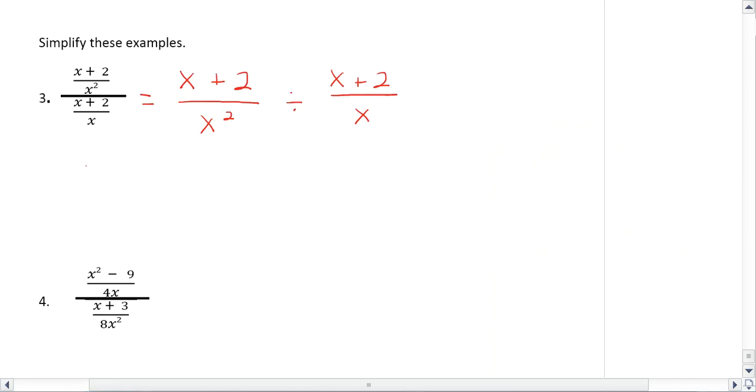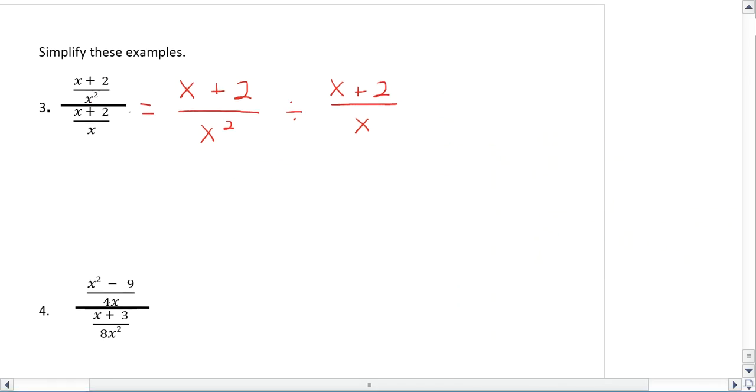All right, let's try a few of these. So I just took this first example, x plus 2 over x squared, and I just wrote that first fraction. And then I'm dividing that by the second fraction, and then this just doesn't look as scary. So now we follow the same process we've always followed for dividing fractions. We leave the first one the same, change the divide to a multiply, and do the reciprocal, or flip, the second one.